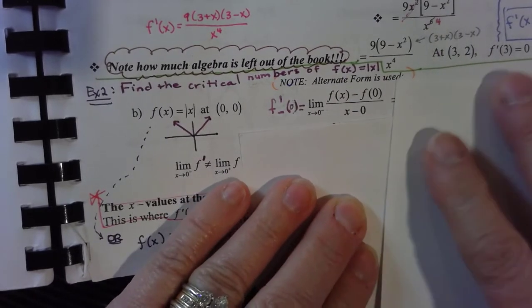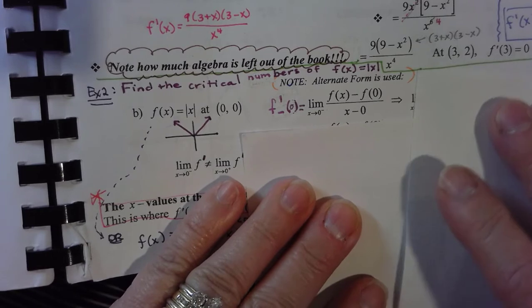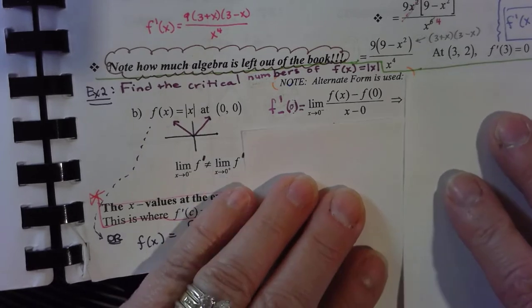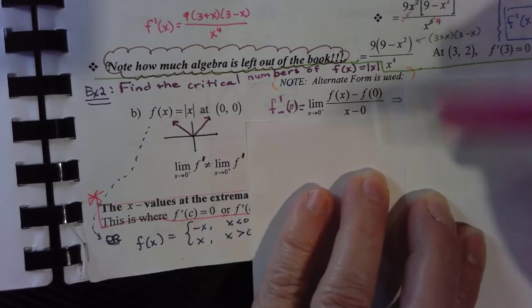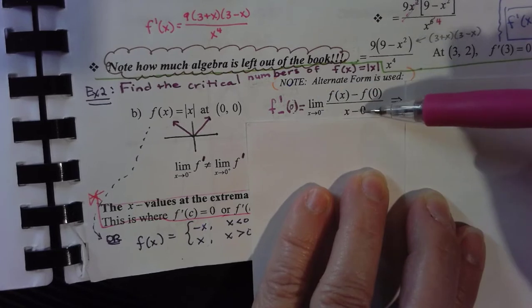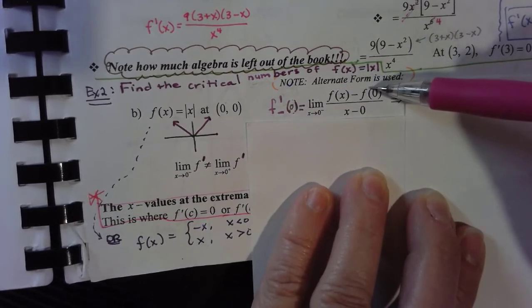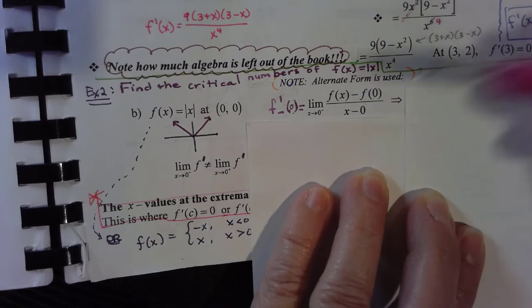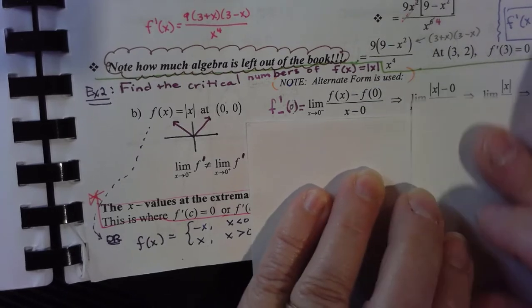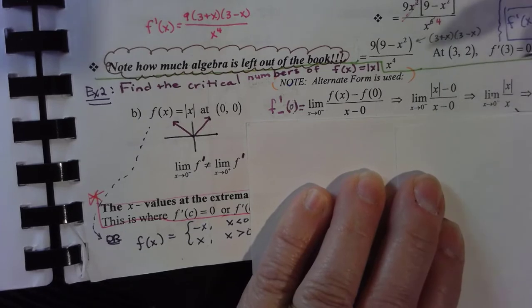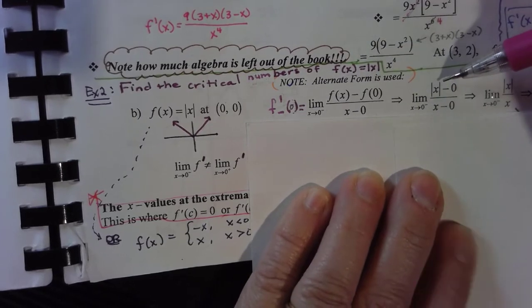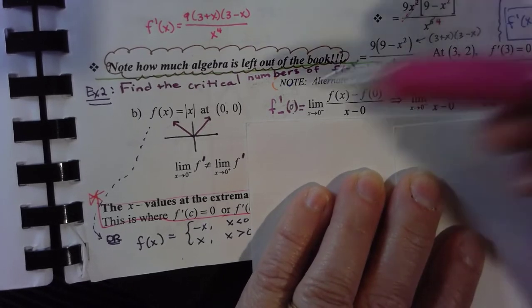We're going to use the alternate form of the derivative. The alternate form says the limit as x goes to 0 of f of x minus f of 0 over x minus 0. Well, what we know is our function was absolute value of x minus, evaluated at 0 gives us 0, over x minus 0.